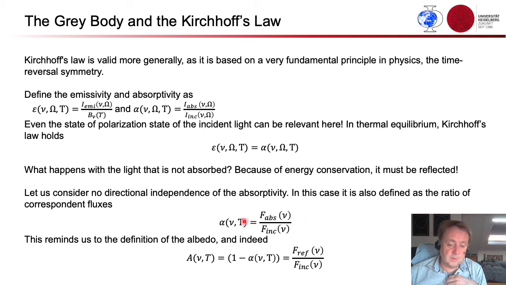So the absorptivity is the absorbed flux divided by the incoming or the incident flux. And this expression remains as to the definition of an albedo, where instead of the absorbed flux we had here the reflected flux.